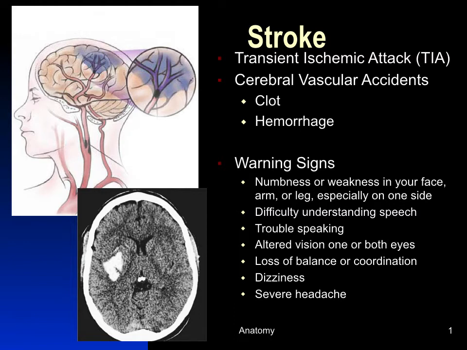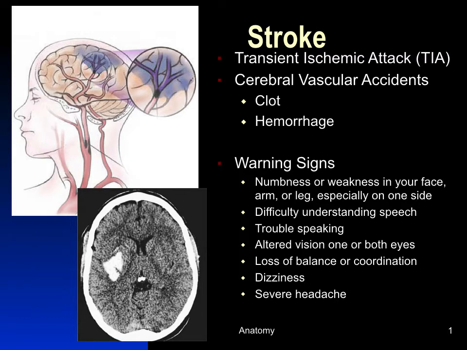Sometimes people have small transient ischemic attacks, or TIAs, where there's a temporary formation of a clot that then dissolves in a little bit of time. But they'll get similar signs. In either case of a clotting stroke or a hemorrhagic stroke, there are discrete warning signs: numbness or weakness in your face, arm, or legs, and usually it's only on one side of the body.